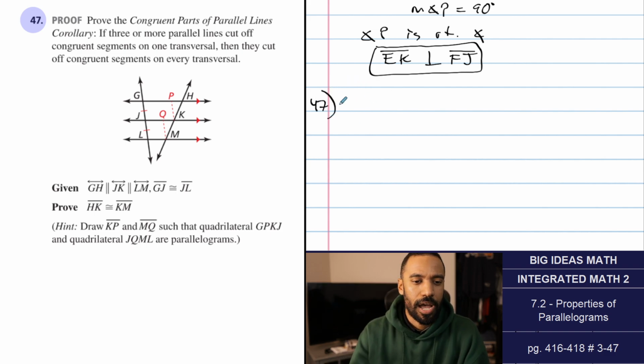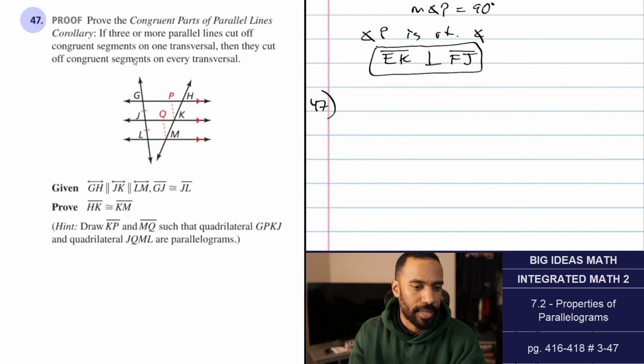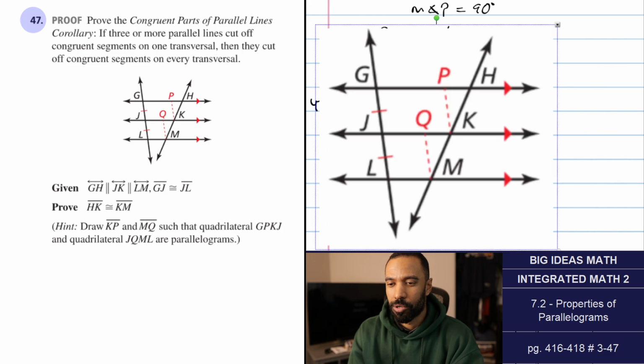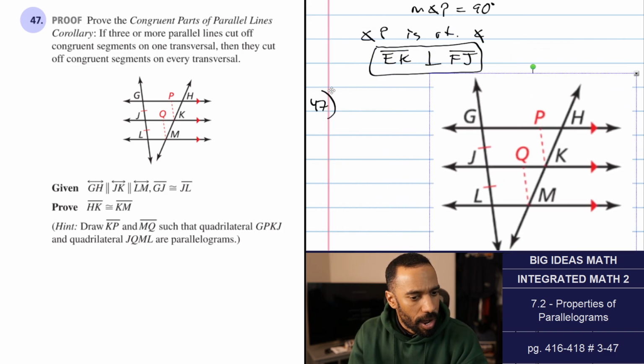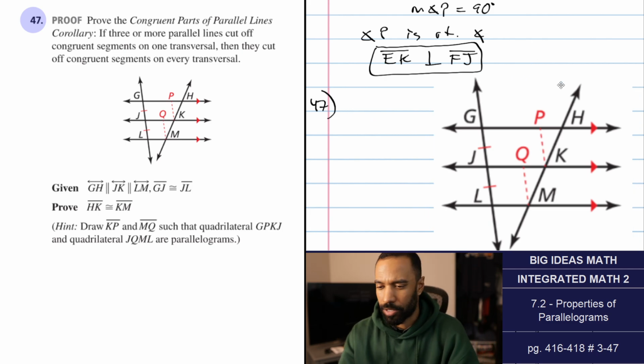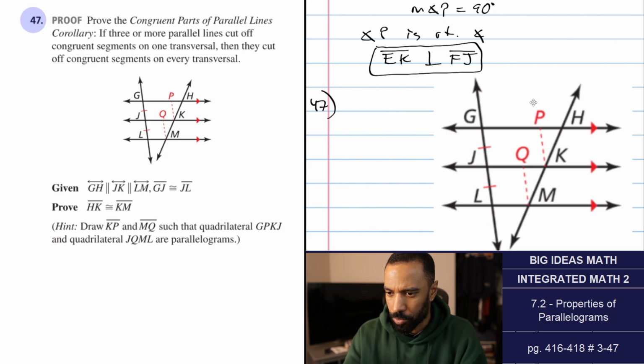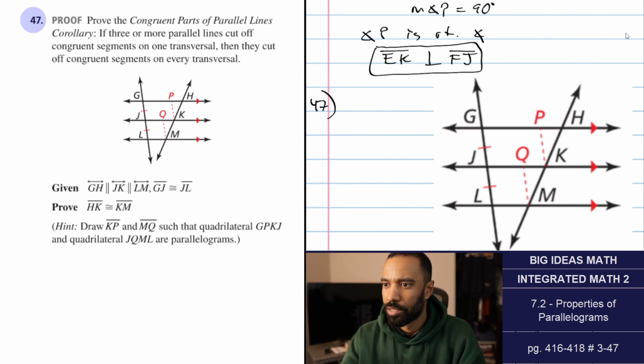47. Well, I'm going to copy and paste that. I'm not redrawing that, because it's to scale, I assume. They said draw them such that those are parallel. JQML. Where's Q? Oh, that? I don't know what they want me to do yet. I'm trying to get a good color.